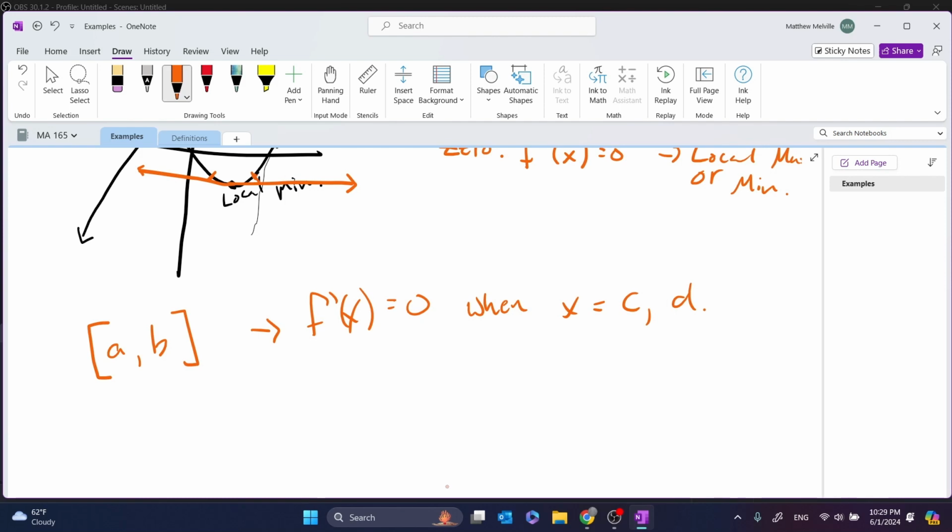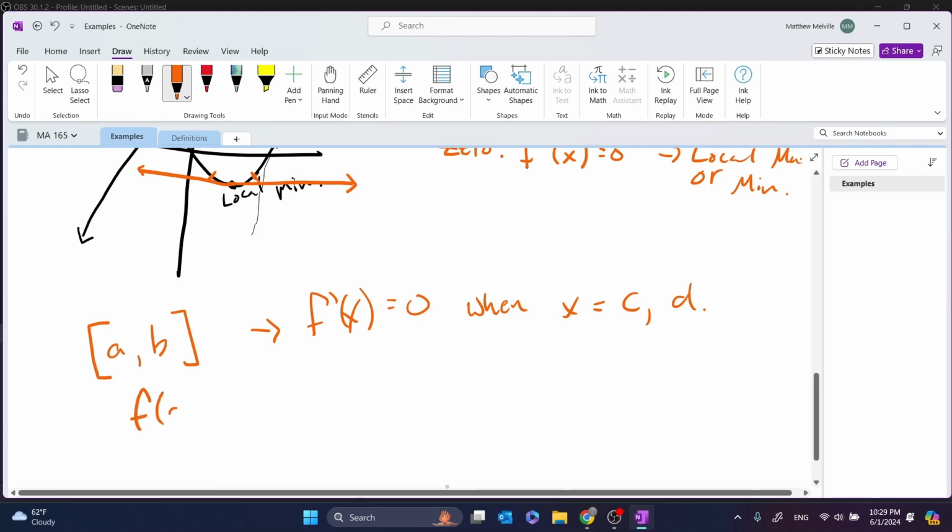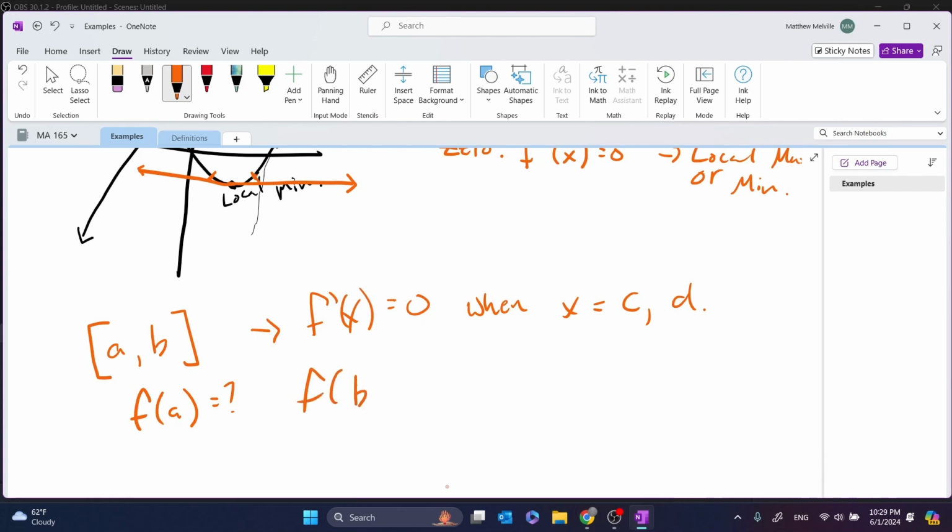If you want to check for the absolute max or absolute min, you have to find out what f of a equals, what f of b equals, f of c, and f of d.